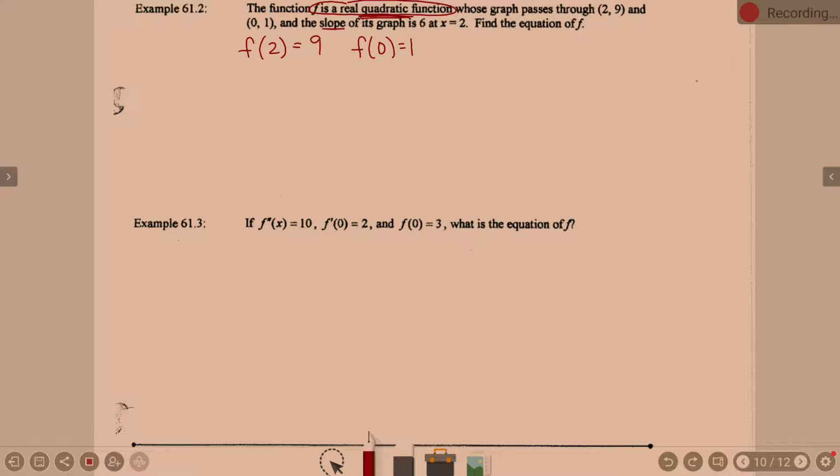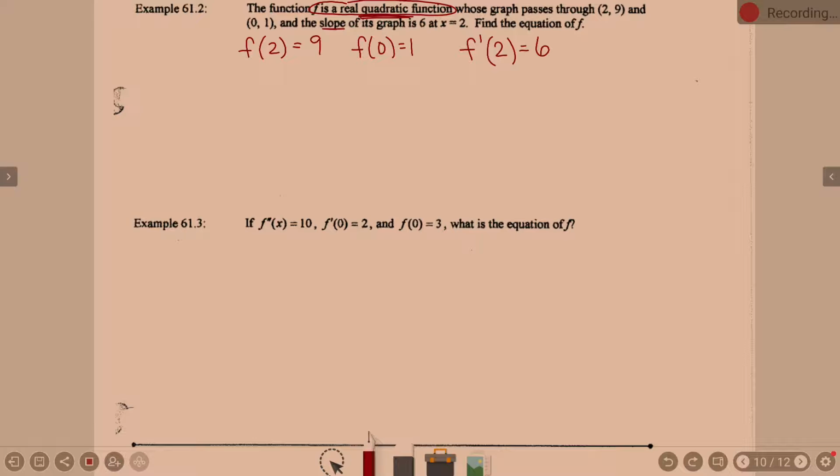Derivative, yes? So that's saying the derivative of f when x equals 2 is going to be equal to 6. So f prime of 2 equals 6. And again, this is me gathering information, guys. That's exactly what I'm doing here.